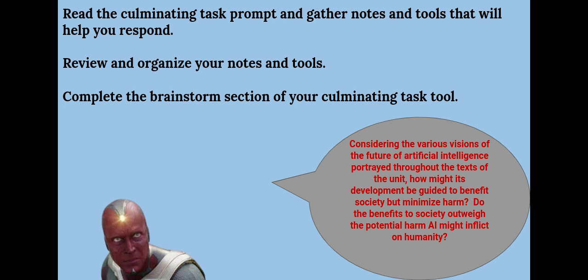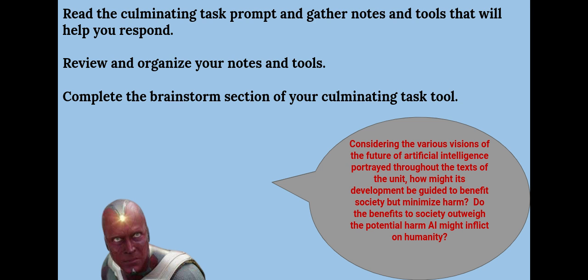Please at this time turn to page 1, also known as page 3, in the handout section. Read the culminating task prompt and gather notes and tools that will help you respond. Review and organize your notes and tools, especially your Understanding AI tool notes.